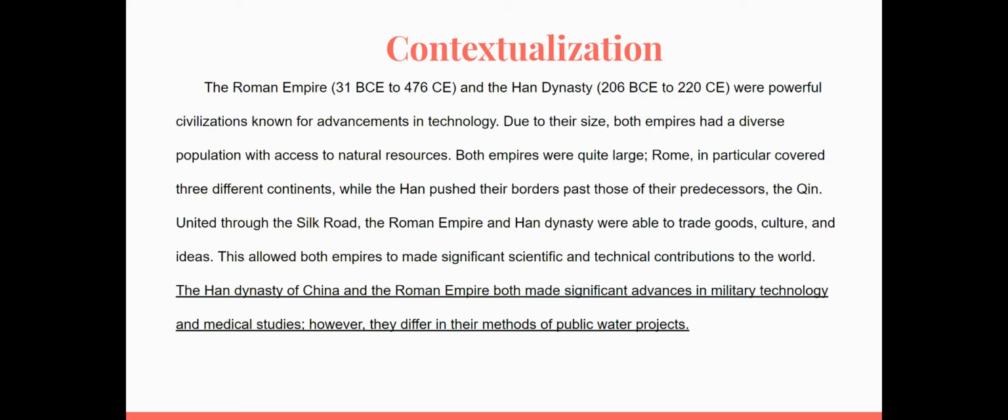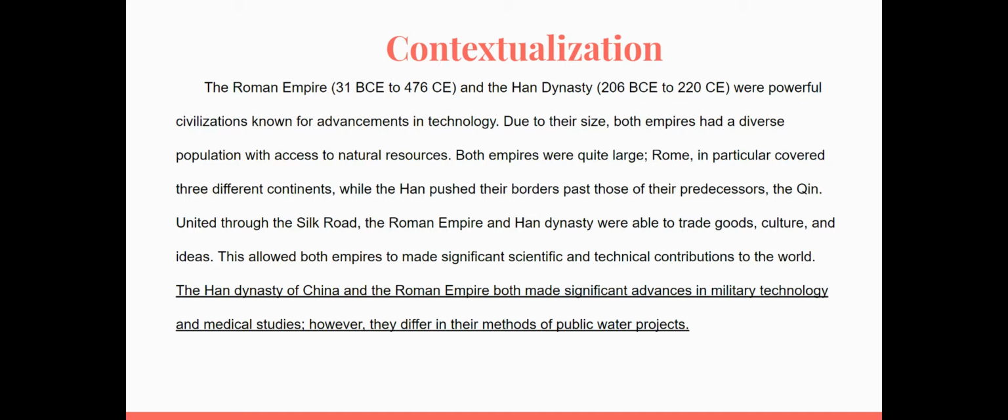The Han pushed their borders past those of their predecessors, the Qin. United through the Silk Road, the Roman Empire and Han Dynasty were able to trade goods, culture, and ideas. And this allowed both empires to make significant scientific and technical contributions to the world. The Han Dynasty of China and the Roman Empire both made significant advances in military technology and medical studies. However, they differ in their methods of water projects.